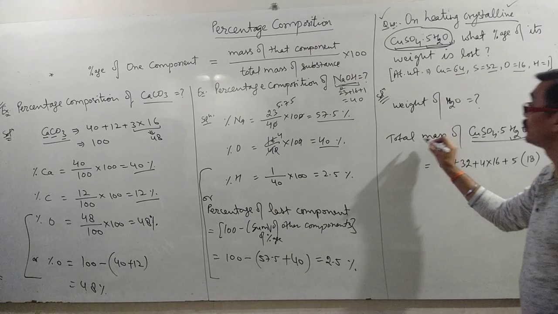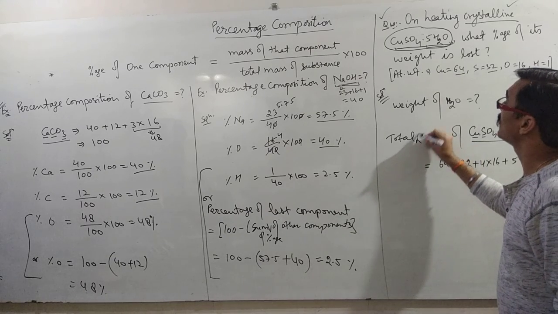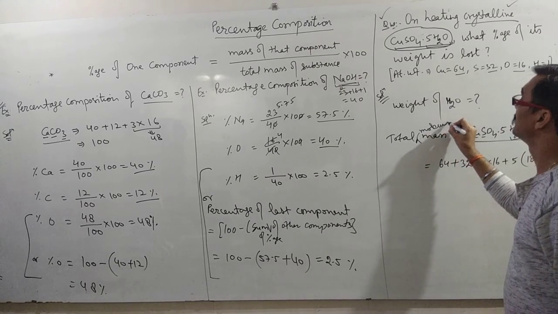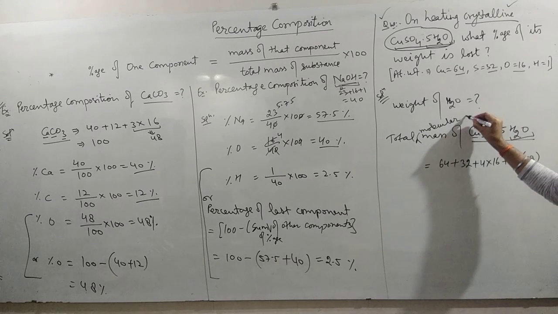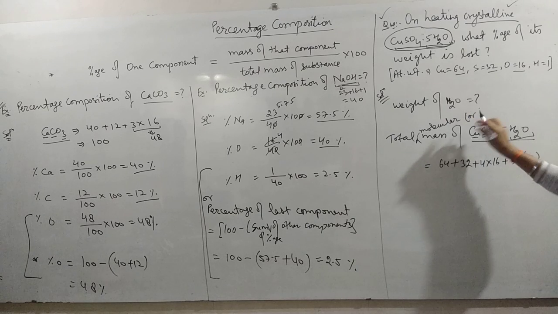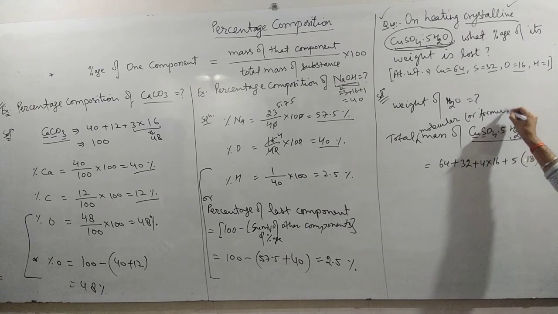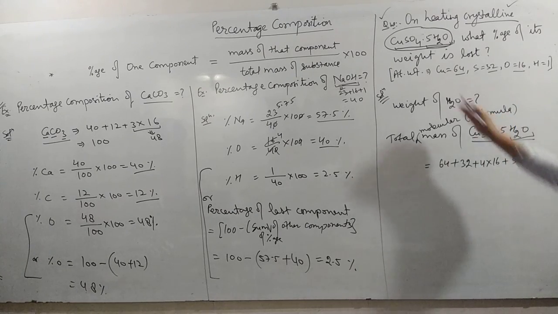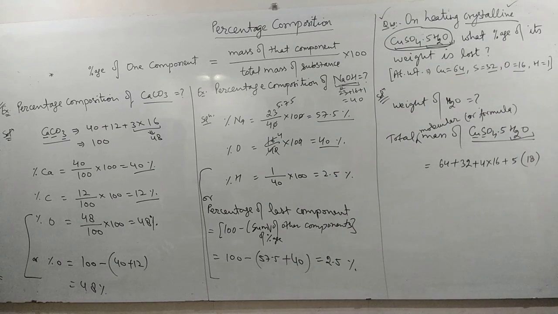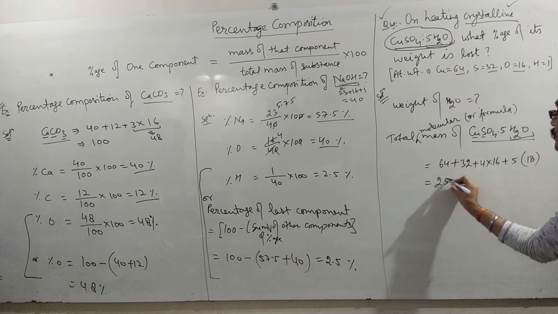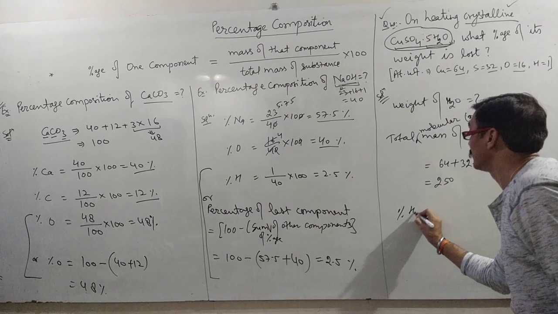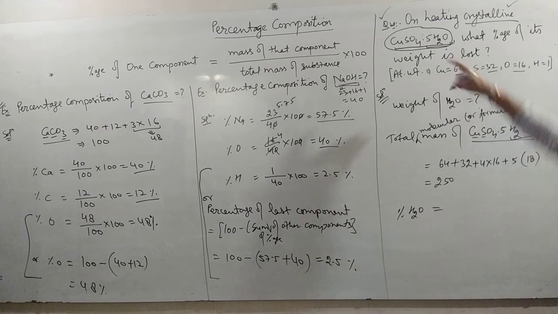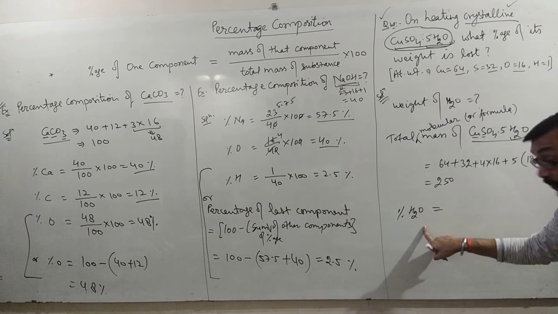So the total formula mass, it is quite better to say formula mass, of crystalline copper sulfate is equal to 250.